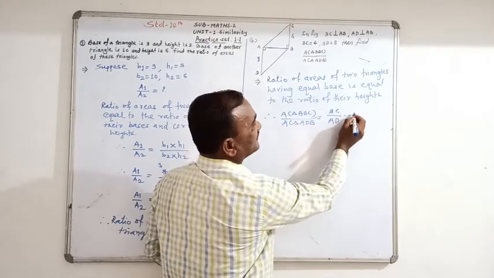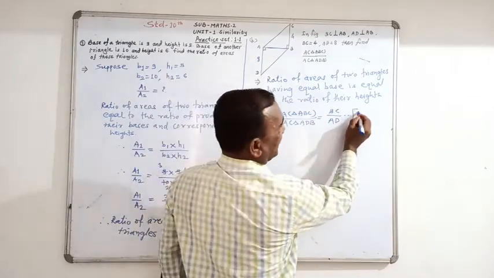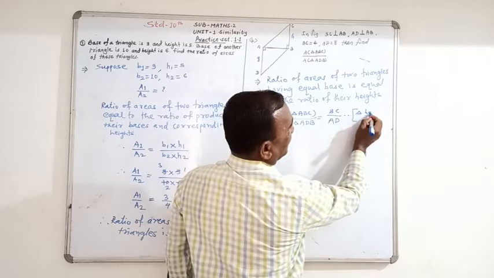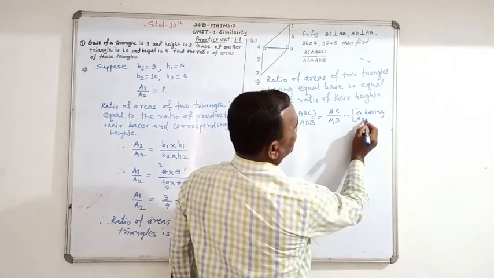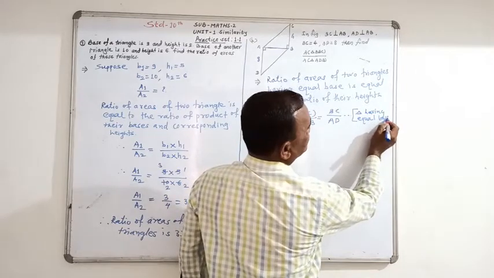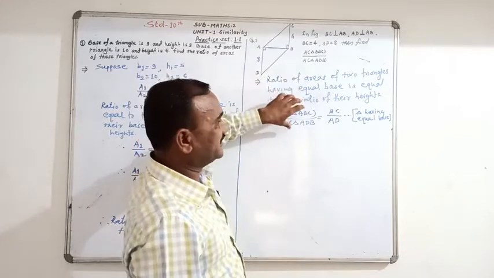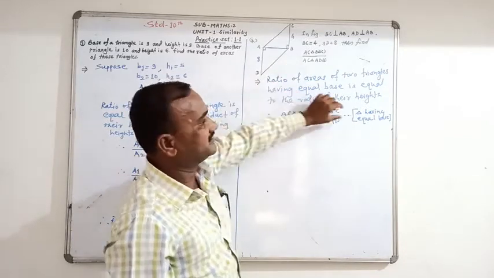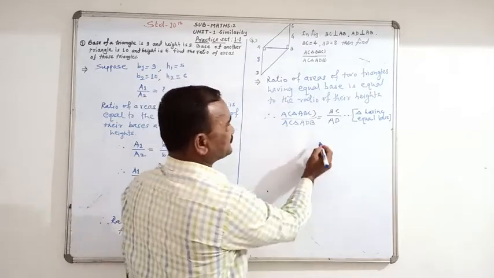So you can write the cause of that step, that equation: triangles having equal base or common base. Okay, so note the property, or you can write the cause of that step shortly as triangles having equal base. So put in the values that are given there.